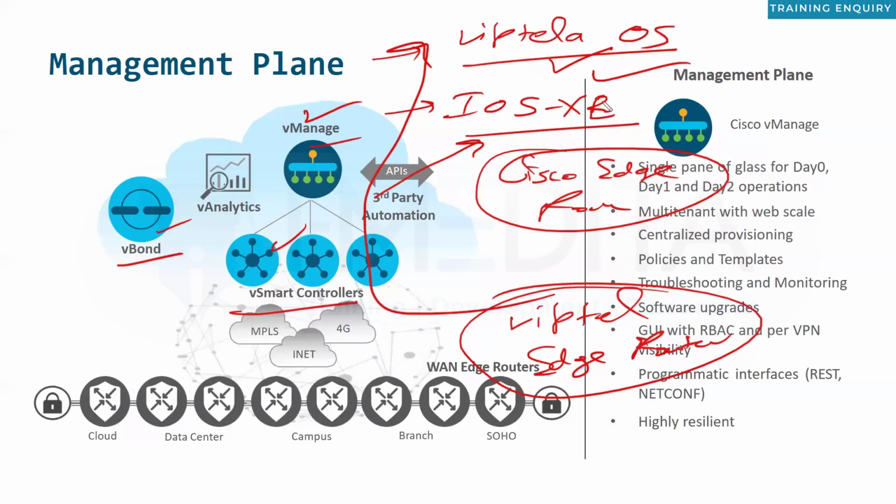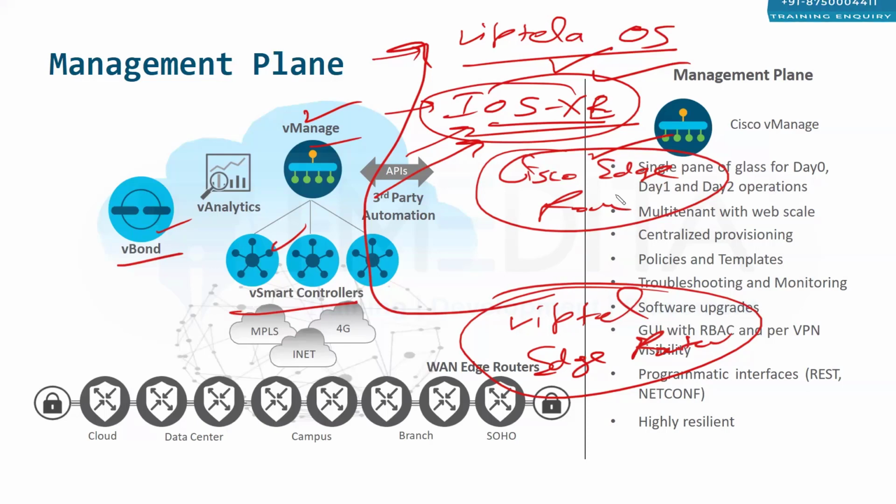Later, when Cisco acquired Viptela, Cisco added SD-WAN support on their own routers, and that's where they added the SD-WAN capability to IOS XE. So this IOS XE with SD-WAN capability will be supported by Cisco WAN edge routers, such as Cisco ISR 4K, ISR 1K.